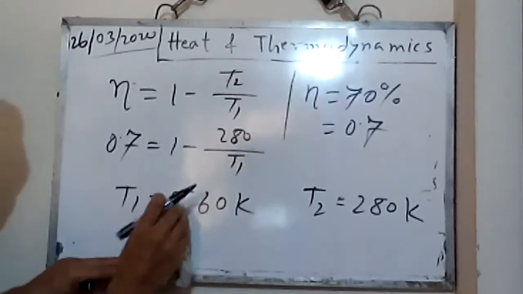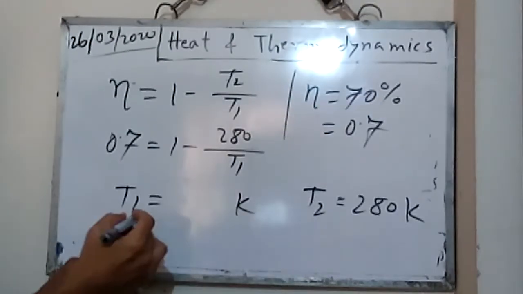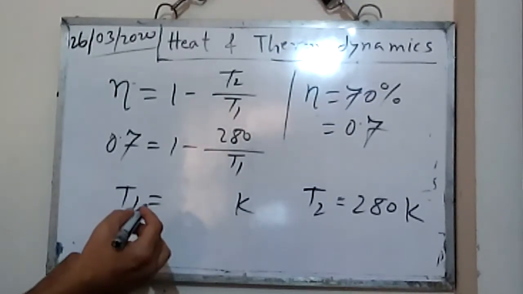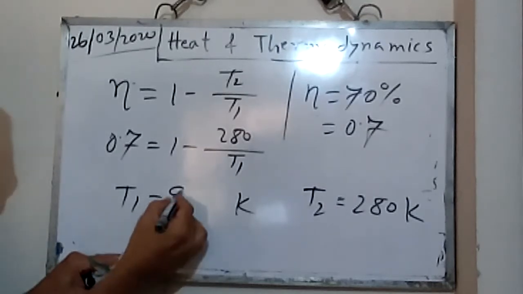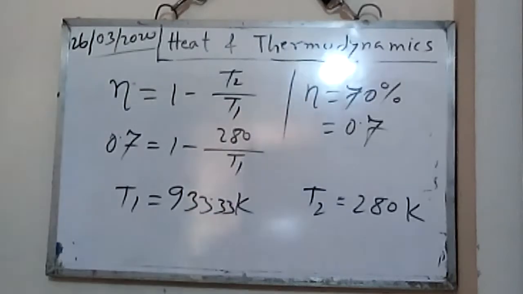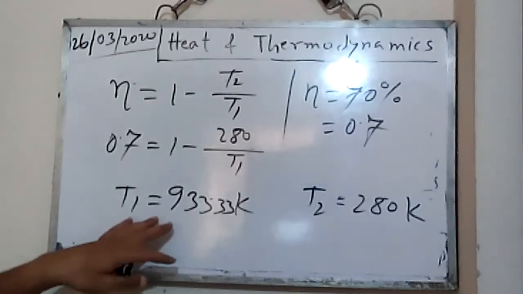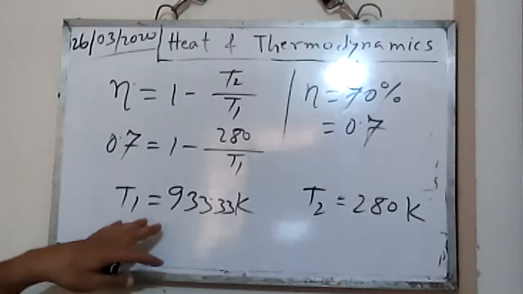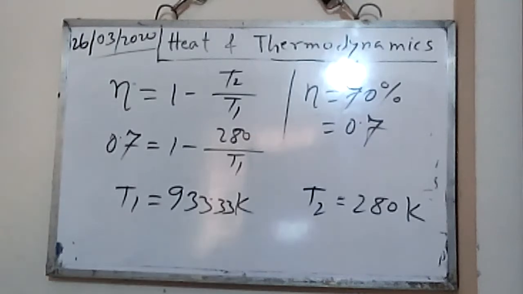And T1 equals 933.33 Kelvin. In the second case, we found T1 equal to 933.33 Kelvin.